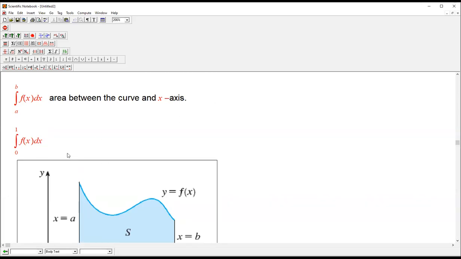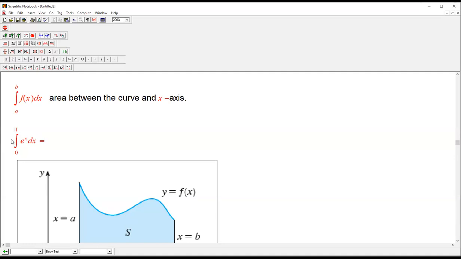Okay, let's see which function we like, say e to the power x. E to the power x. Okay, by writing down this notation, the intention is to find the area underneath the curve.